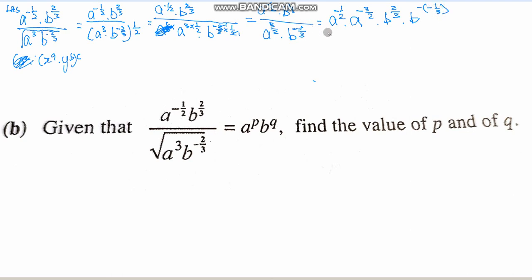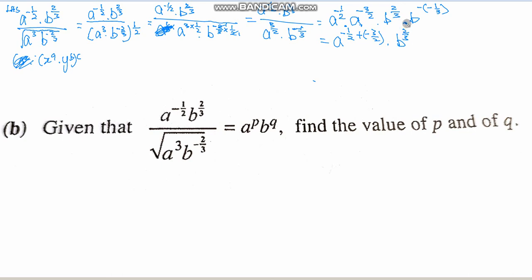Okay, now this A base, so I can combine the powers. So it's minus half. Remember, this dot means plus, minus 3/2. Okay, then B, this 2/3.